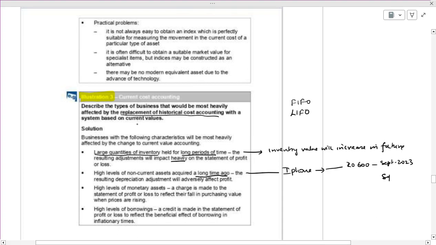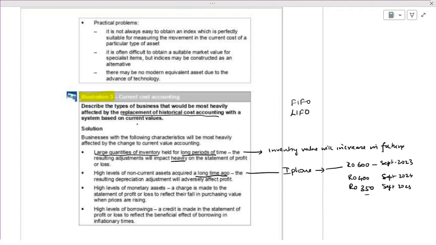By the time September 2024 comes, the same iPhone will be around 400 riyals. In September 2025, the same iPhone becomes 350. This is nothing but the current cost. Your non-current assets value will affect the profit.